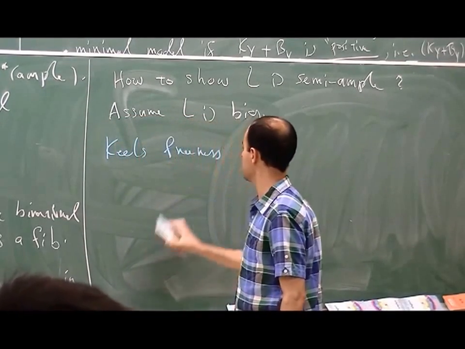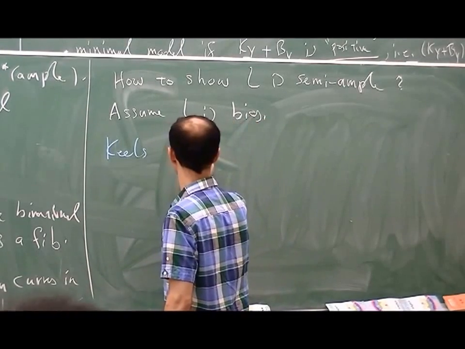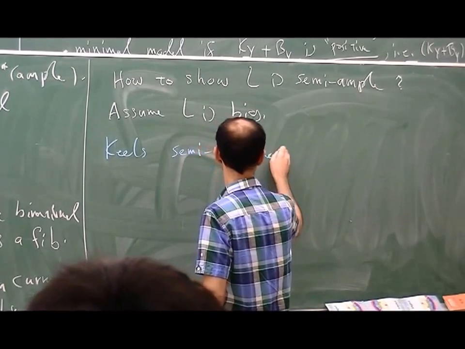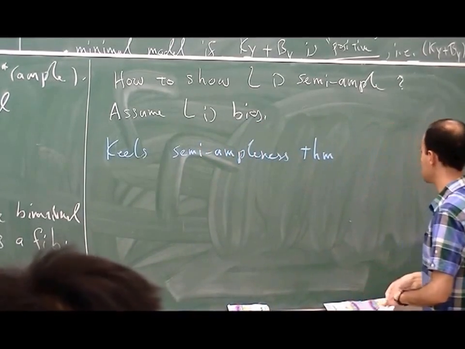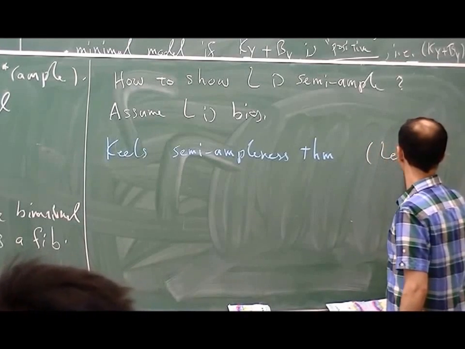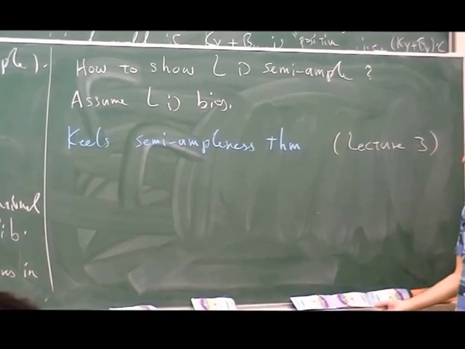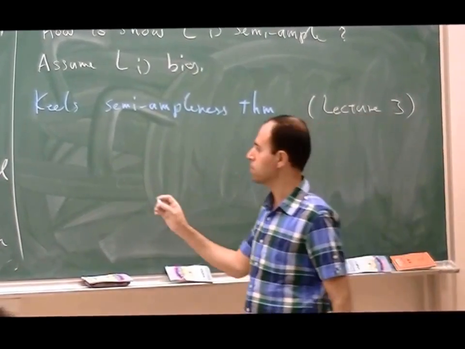Oh, actually, you could say it's semi-ample. I will discuss this in detail. Actually, I will give you the proof in lecture 3, the next lecture. But for the moment, let's just see what is the statement.